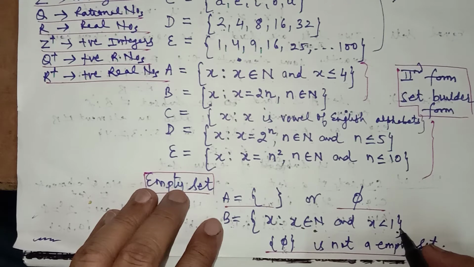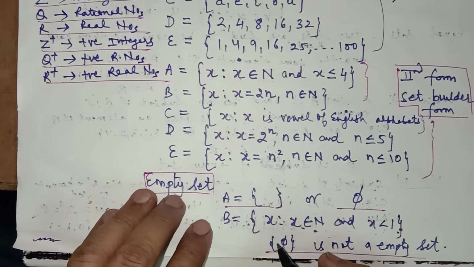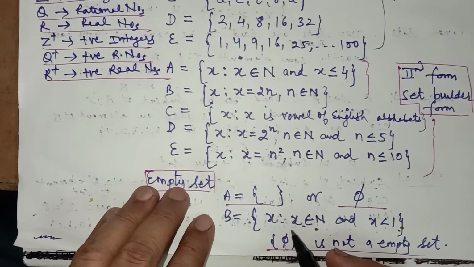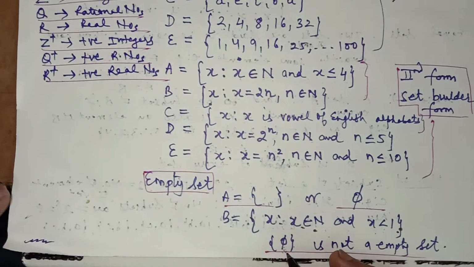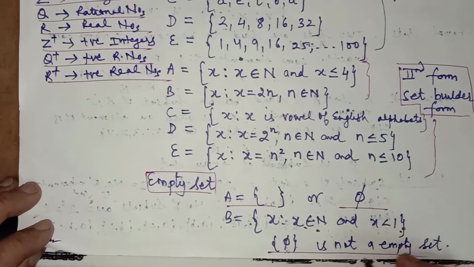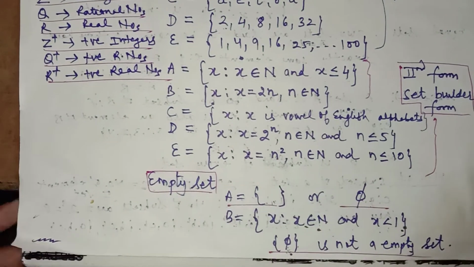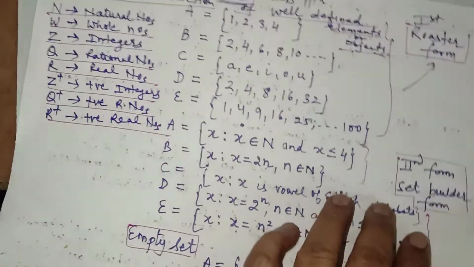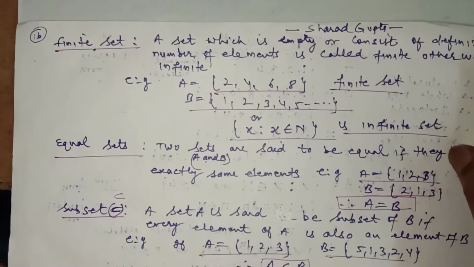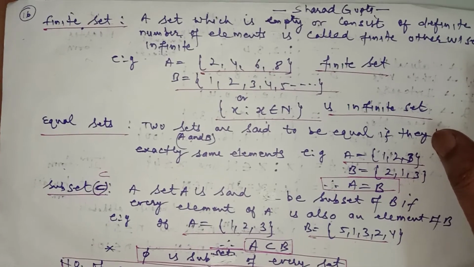No element is there, so it is an empty set or null set. Now if I put curly brackets and put phi inside, it is not an empty set, because this set contains an element, phi.